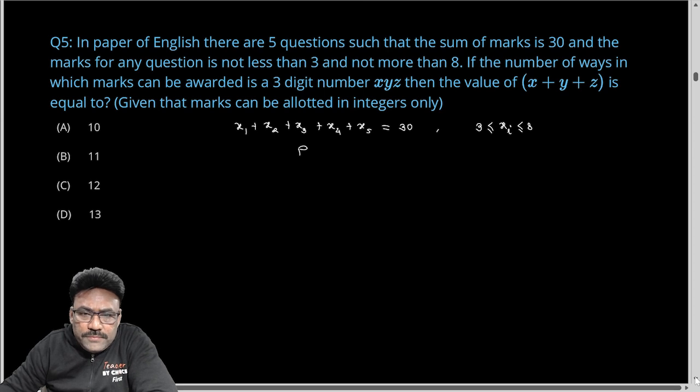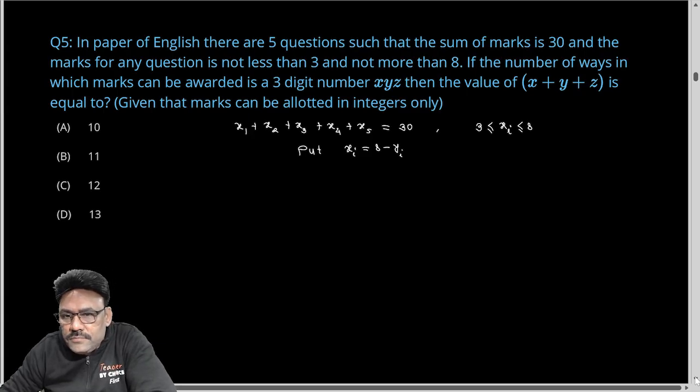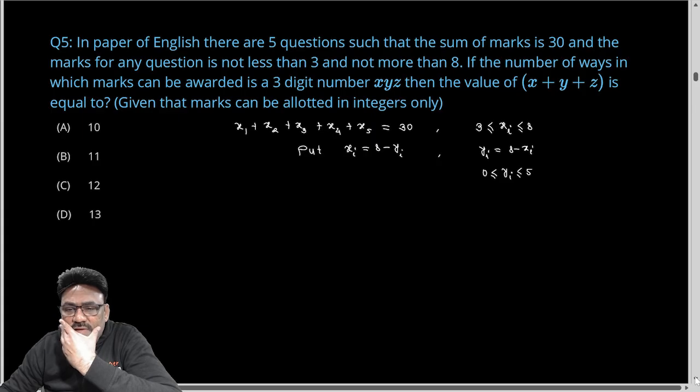Now let's substitute xi equal to 8 minus yi. Basically yi is 8 minus xi. Since xi is minimum 3 and maximum 8, y will be minimum 0 and maximum 5. When xi is 8, y will be 0.